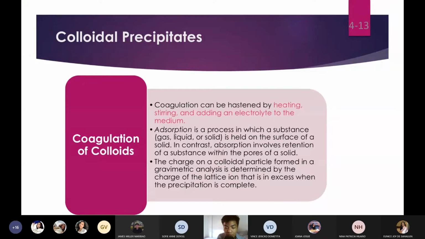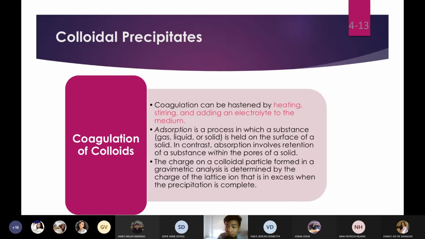Nakwento ko na rin tong coagulation of colloids. So, what happens sa coagulation is that yung colloid mo, pag nag-coagulate yan, magsasama-sama sila to form chunks, no? Solid chunks, no? Para siyang taho, no? So, ganun. From milk, may mabubuo na coagulates, no? Parang taho, no? So, yung taho na yun, yung taho-like substance na yun, yun yung pwede mo i-collect, no?